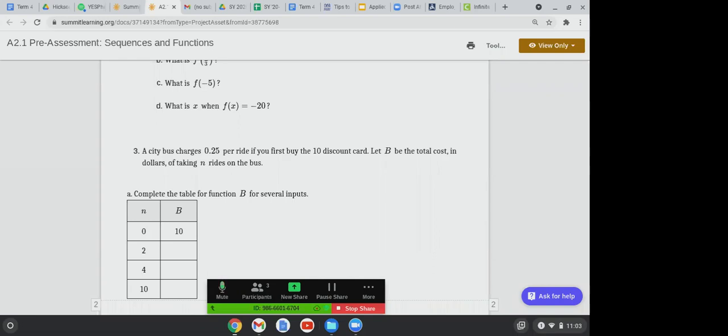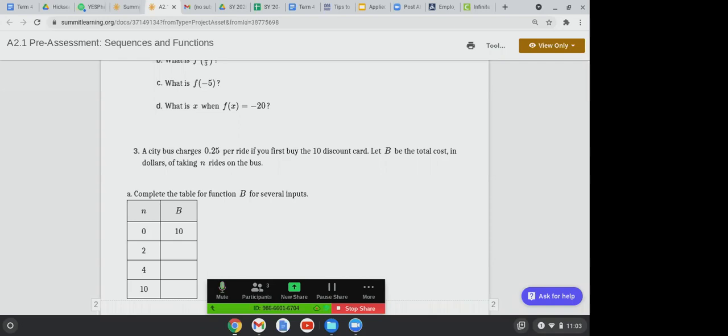Okay, so again, depending on your understanding of the word problem, tell me, either one of you, if you took 2 rides, what would be the total cost? Because that's going to let me know if you understand. 20. Wait a minute. Remember, a city bus charges 25 cents.